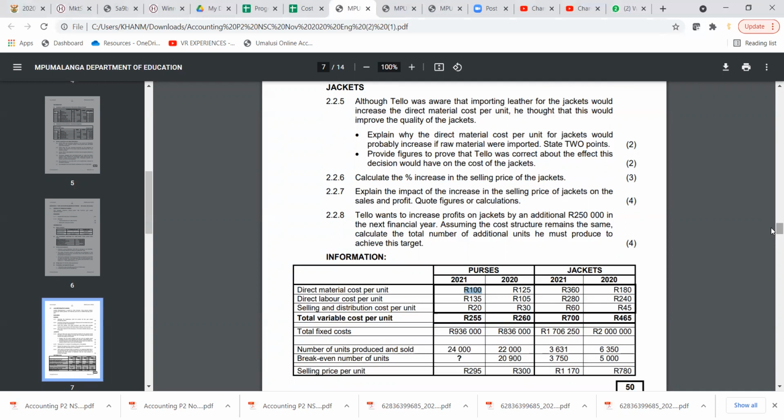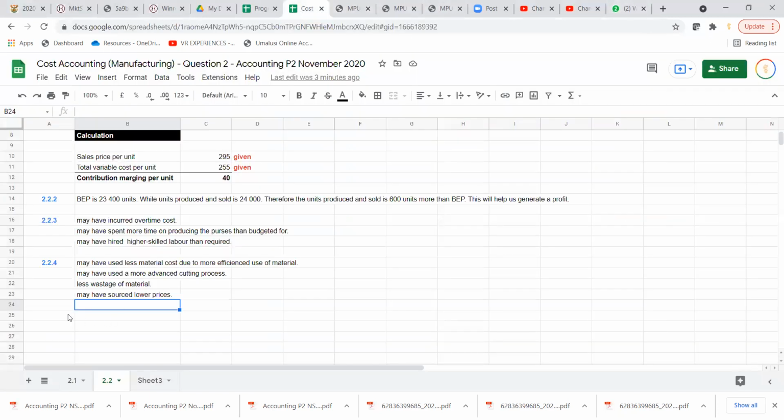So there are definitely possible reasons. Let's have a look at 2.2.5. If you buy from overseas, a typical reason would be increased transport costs. Buying locally and buying overseas, there will be a difference in transport costs.